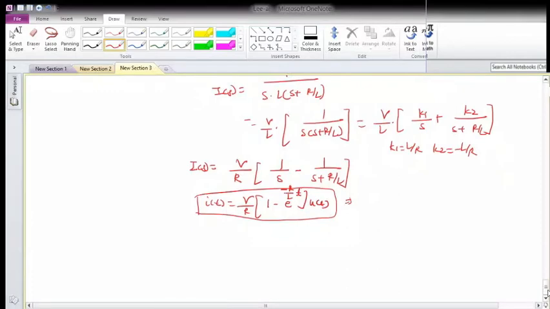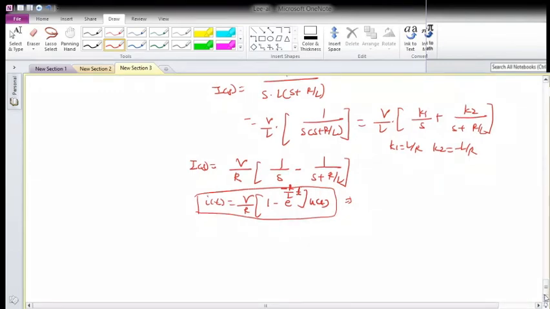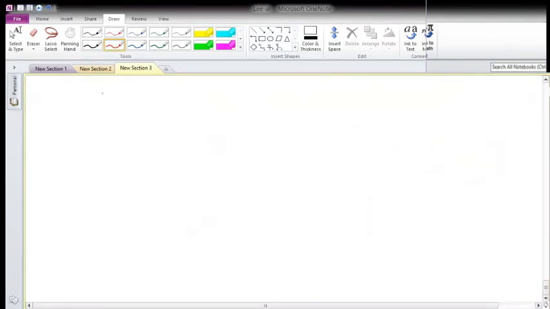Okay, now one more example. This consists of two meshes. So this is one example, 5.19 from the book FFQ.